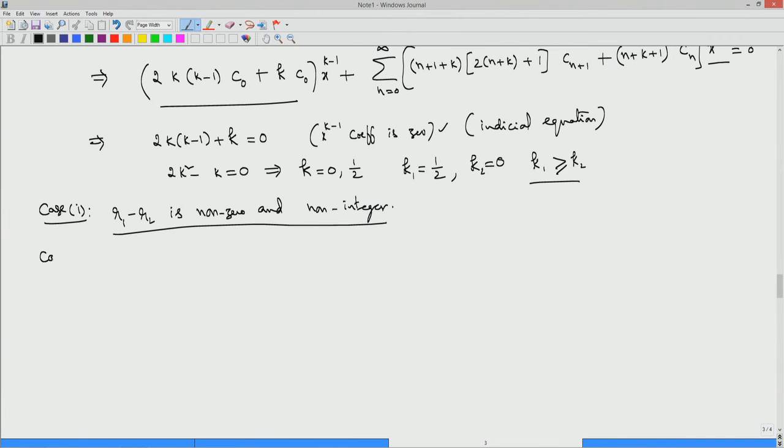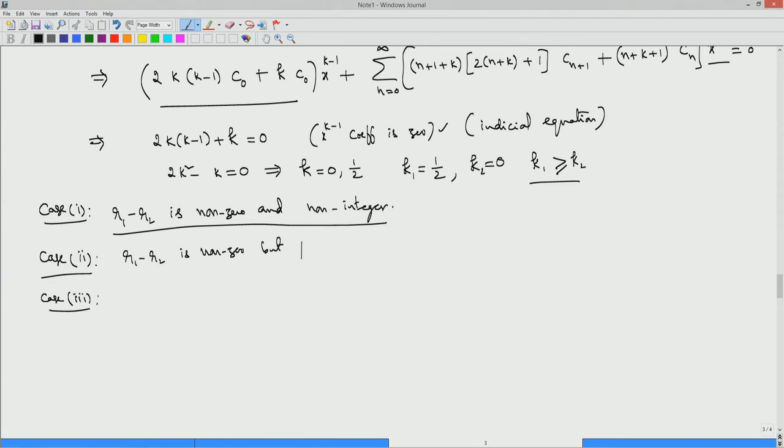So we have 3 more cases. R1 minus R2 is non-zero but an integer, and case 3. Because I have chosen R1 to be always bigger, when it is non-zero it is a positive integer.